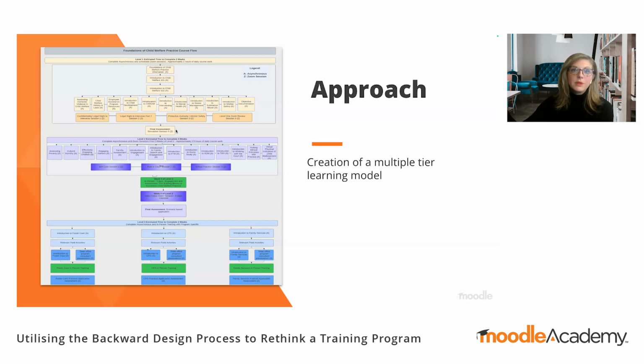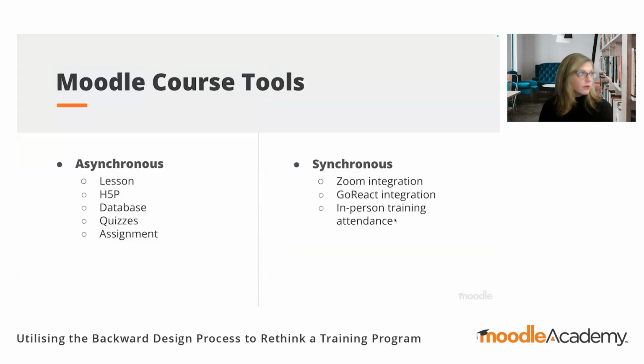So what's going to happen is they're going to complete the level 1 work. They're going to do the final assessment for that level, and then they would move on to the next tier. And then they'd be able to work through those as well. So that was our approach to that multi-level learning model.